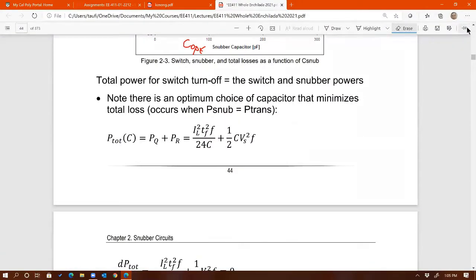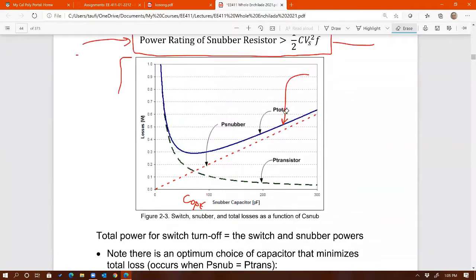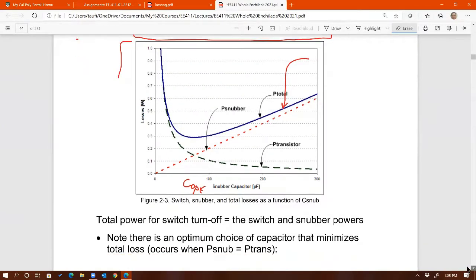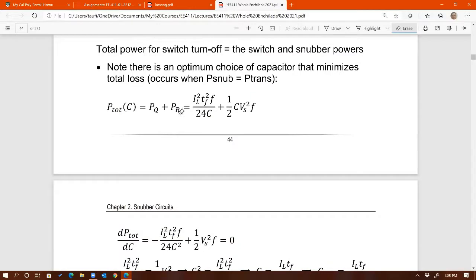See the function of this blue line, the total loss right there, that function is equal to PQ plus PR. So the function for PQ is this one right here, just plug in from the previous page, and PR is from the top of this page.